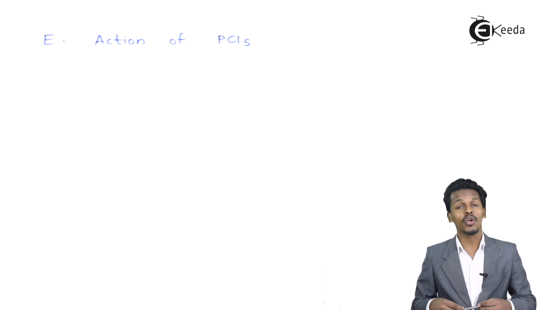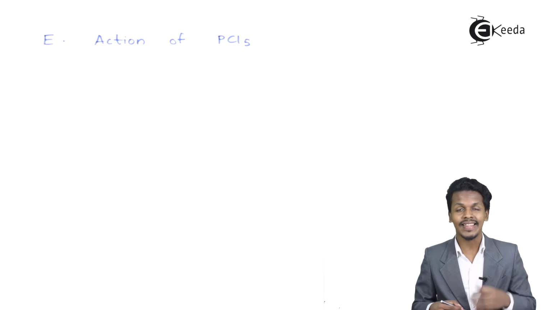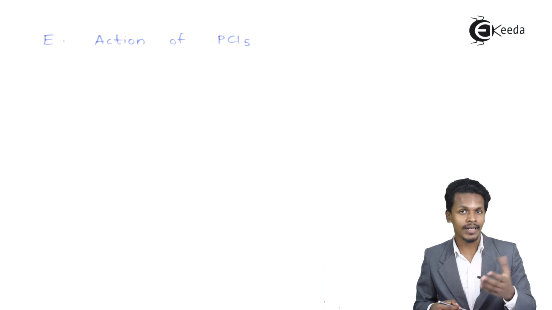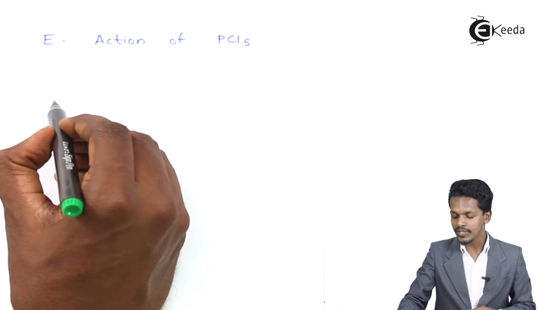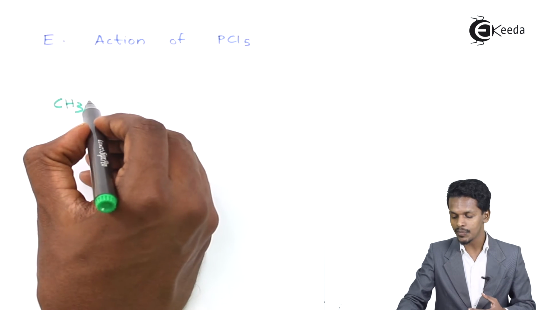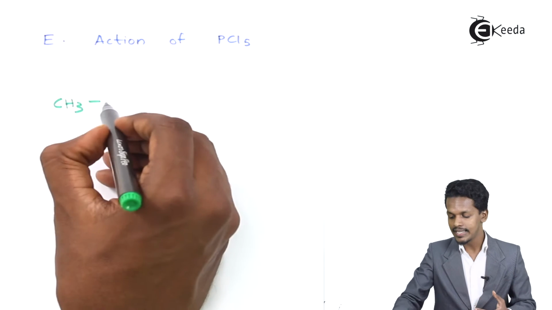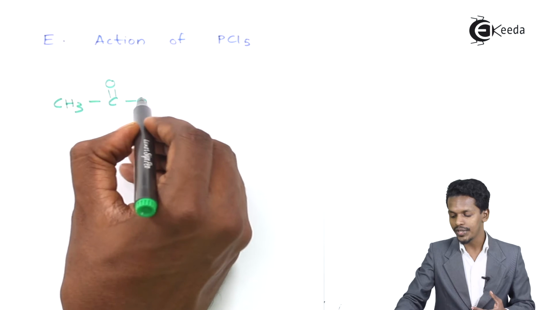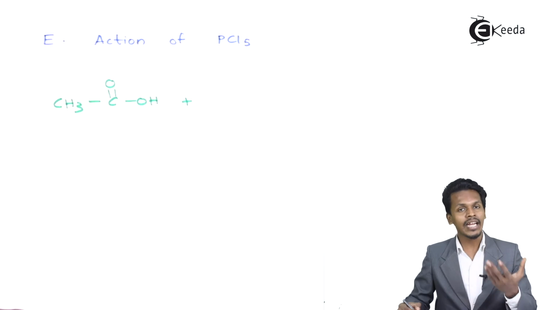Now we are going to talk about the action of PCl5, that is phosphorus pentachloride, on carboxylic acid. I'm representing the example here: suppose I consider CH3C=OOH, and I'm reacting it with PCl5.